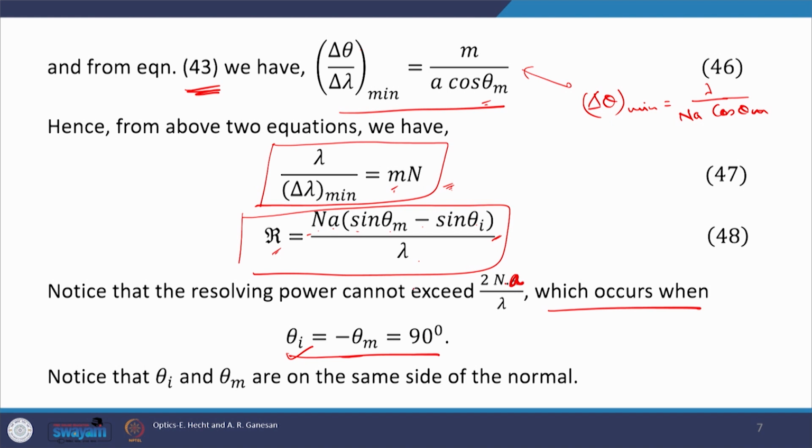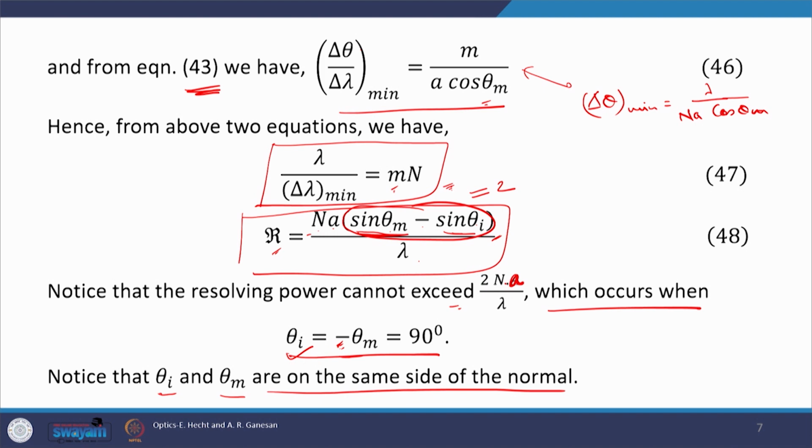With this we will have the value of sin theta m equal to 1, while the value of sin theta i is equal to minus 1, or vice versa. We will have this bracket equal to 2, and from here we get the maximum value of this resolving power as 2 N a by lambda. The minus sign appearing here is only due to the fact that theta i and theta m are on the same side of the normal.